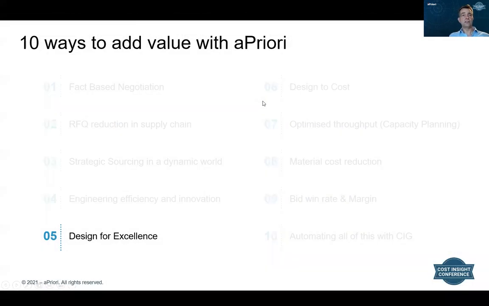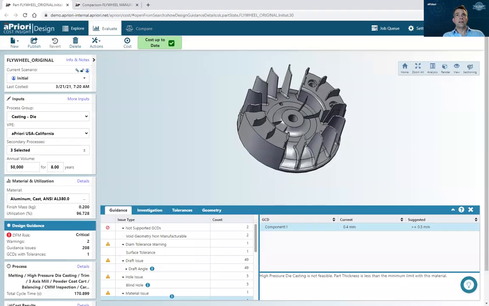Design for excellence is a process that many organizations take on board, especially today. And it covers many factors, including manufacturability and cost. But sustainability is coming into the equation as well. Therefore, aPriori is going to provide us more insight through these simulations. So the same component here that's being simulated will provide guidance issues that are also more around design for excellence, more cost related and manufacturer related, which may not be problems for manufacture, but have an impact on it.